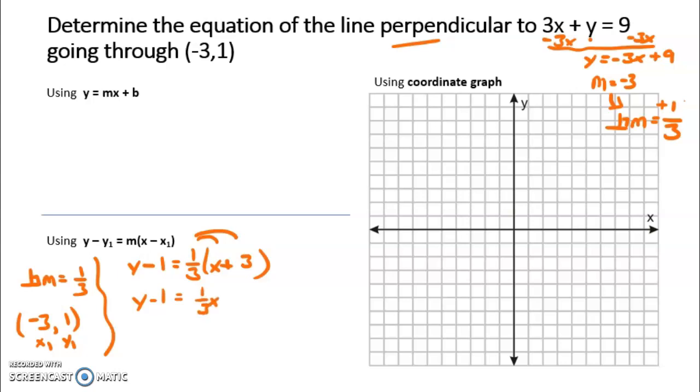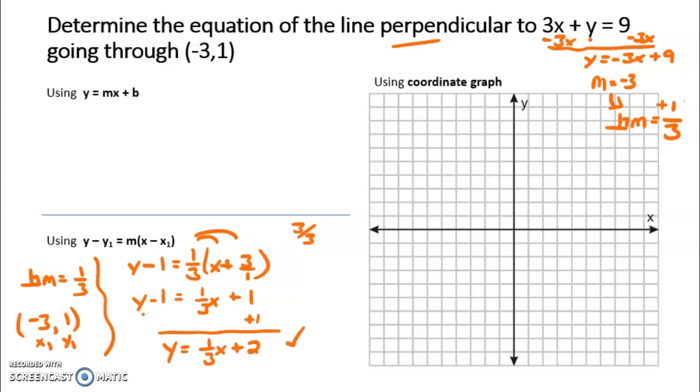And remember this, 1/3 times 3, multiplying fractions, go straight across. You're going to have a 1 times 3 on the top, and you're going to have a 3 times 1 on the bottom, and that will simplify to just a 1. So that works out. And let's solve for the y, so we're going to be plussing 1 to the other side, a little inverse operation. So we get y is equal to 1/3 x plus 2. And here you are done.